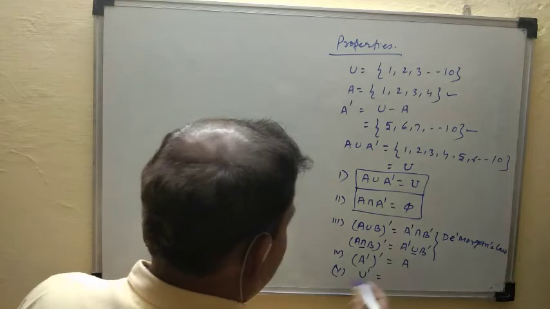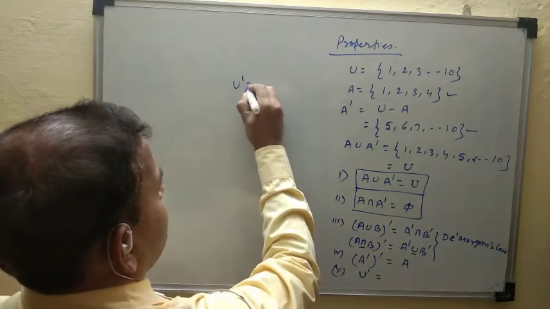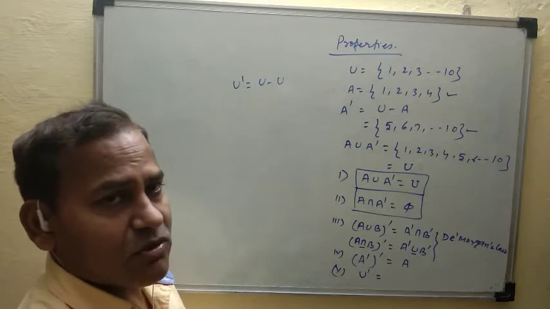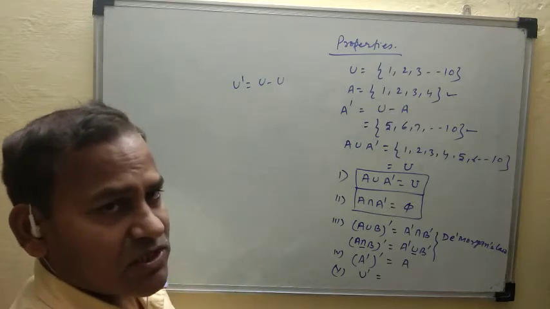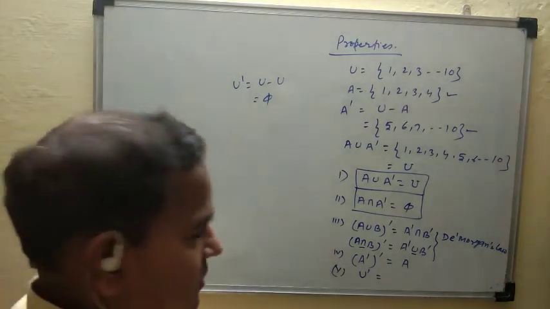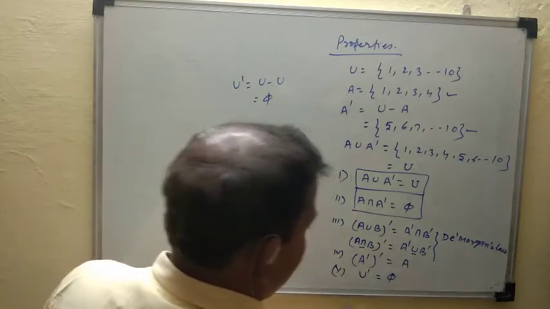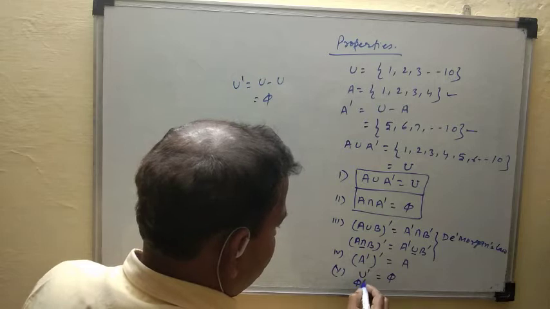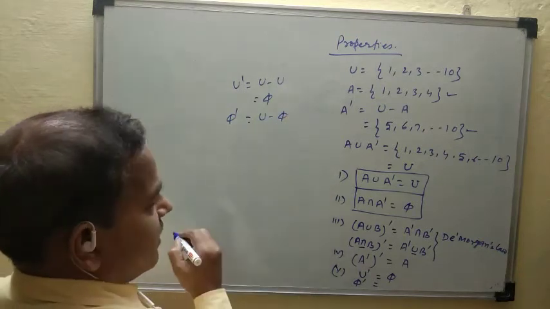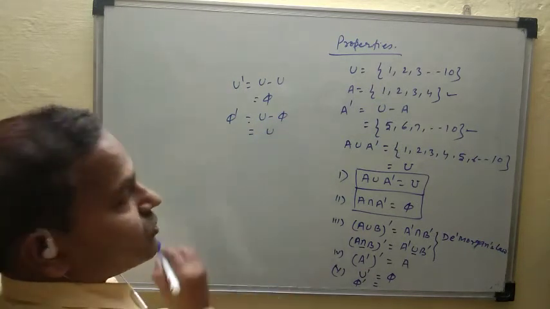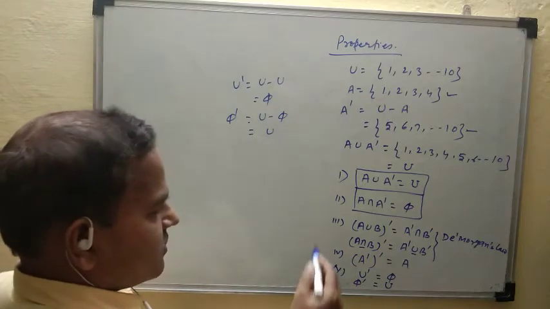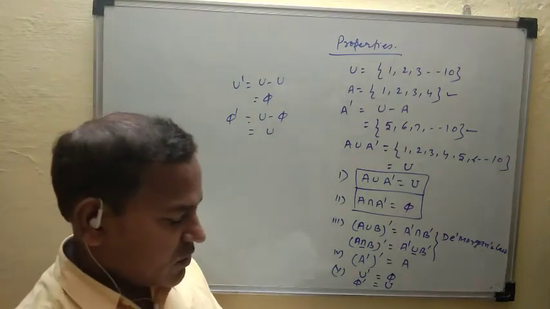Universal set U complement is U minus U. The set whose complement you are taking, you subtract it from the universal set, that is U minus A. And U minus U is equal to the empty set. All elements are subtracted. So U dash is equal to the empty set, and empty set dash is equal to U minus the empty set, which is U. So the empty set dash is equal to U. So these are all the properties of the complement of sets.